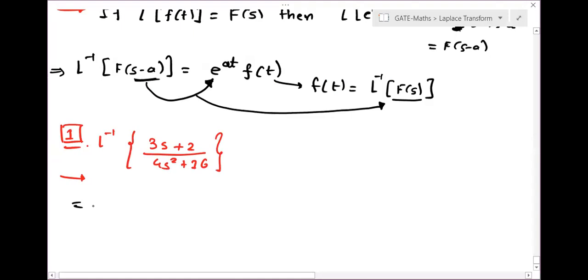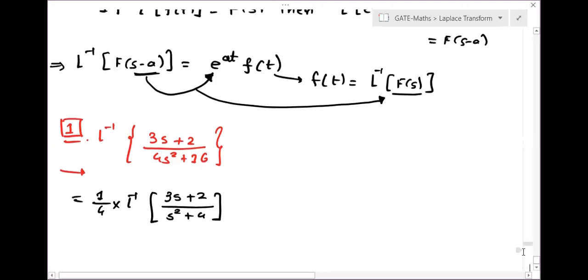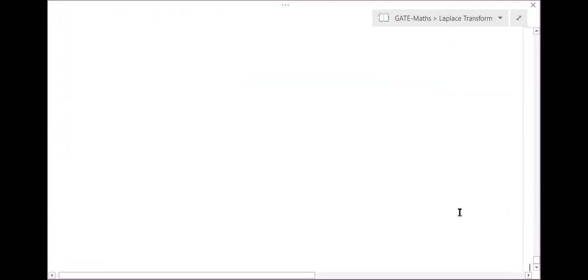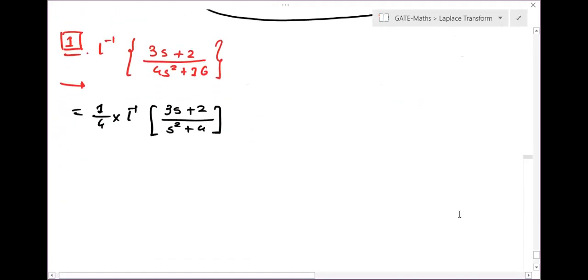So first take 4 common from the denominator. So this will be your Laplace inverse of 3s plus 2 divided by s square plus 4, or not? Now after that, apply Laplace inverse on both the sides. So this 1 by 4 is already common.